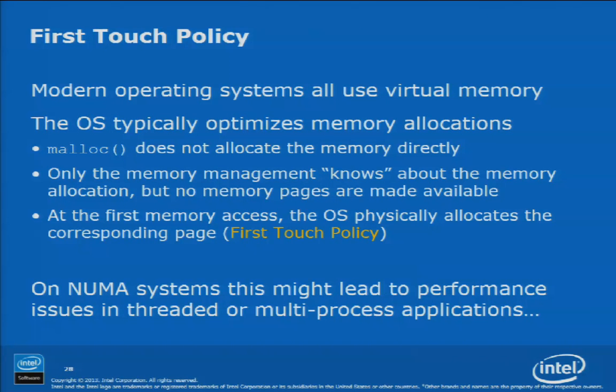Now the operating system, if you have a NUMA machine, that is different memory modules attached to local CPUs, the NUMA node that executes the first memory access will get the page. So if it's core 0 or node 0, the page will be in the local memory of that particular socket, right?